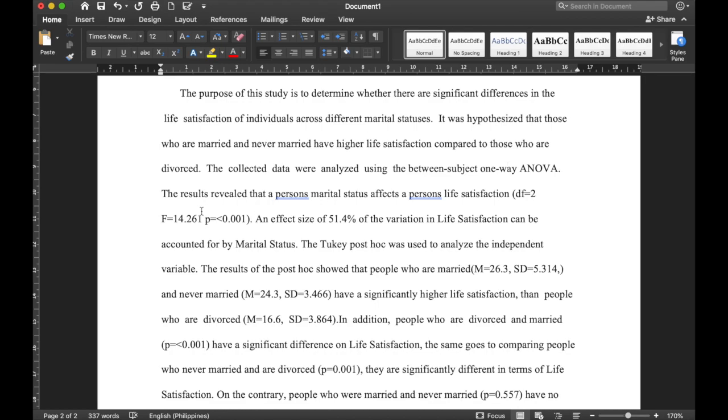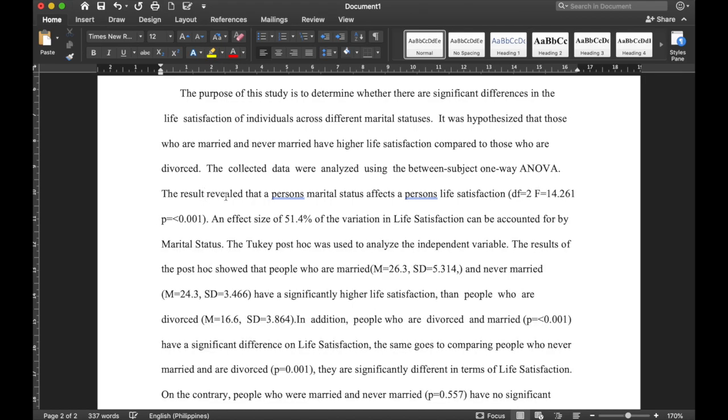The result revealed, I always ask my students to use present tense when they are discussing the result. The result is not in the past. The result is current.